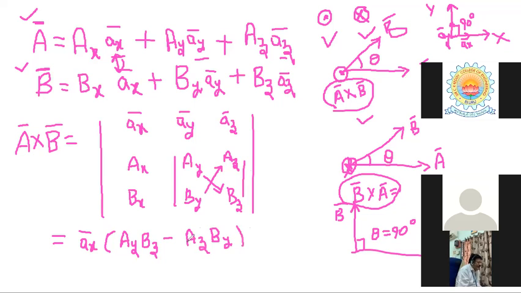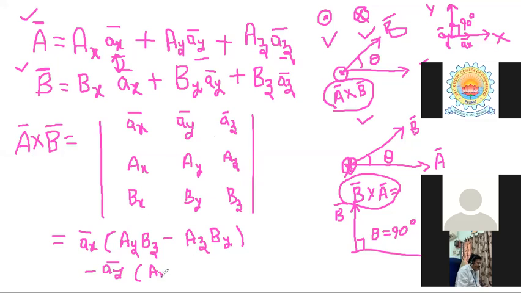Similarly, you can write the other term: minus Ay bar into this one. Because of the cofactor sign we take minus Ay bar. If you skip this column, you get Ax and Bx, Az and Bz.